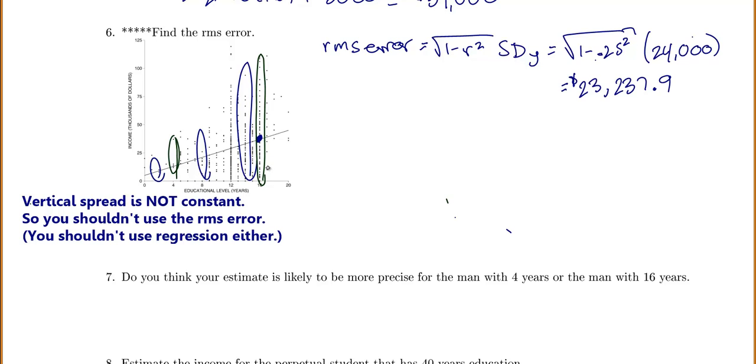So which estimate do you think is more likely to be more precise? I would think that the man for 4 years, that estimate should be a lot more precise because there's not much variability, there's not much spread in our actual data. Whereas for 16 years, there's a very big spread of what people are making when they have 16 years of education.